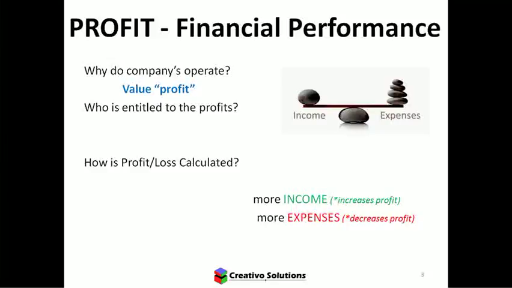So long as we're creating value for enough people, it's going to help the business grow and become more and more sustainable. So who is entitled to the profits? Well, the profit is what you derive from operating. So owners are entitled to the profits of the business. And we need to describe the actual calculation in terms of what forms part of profit.